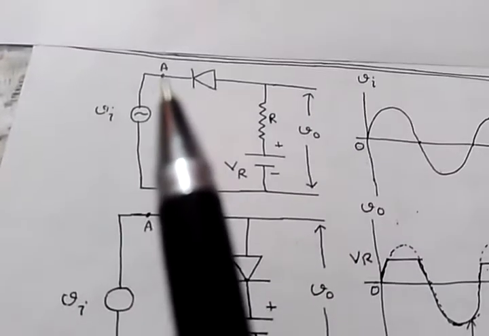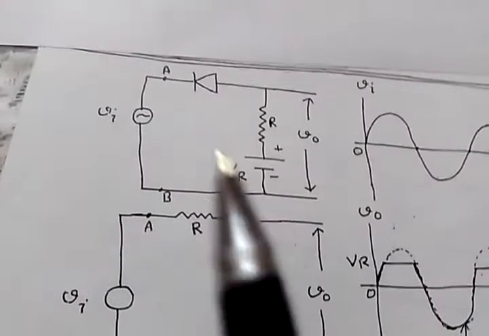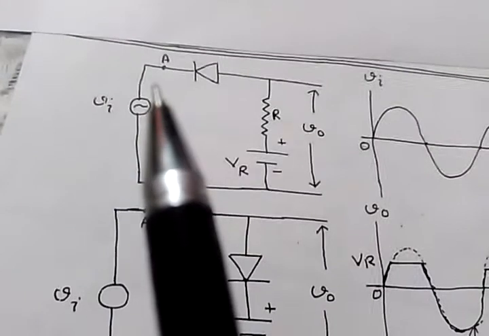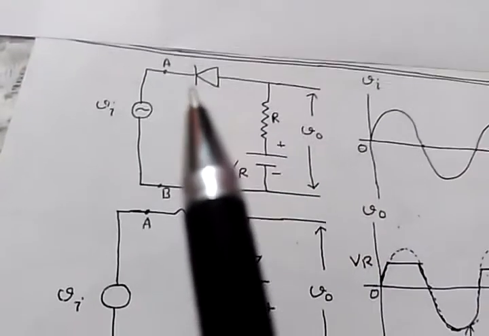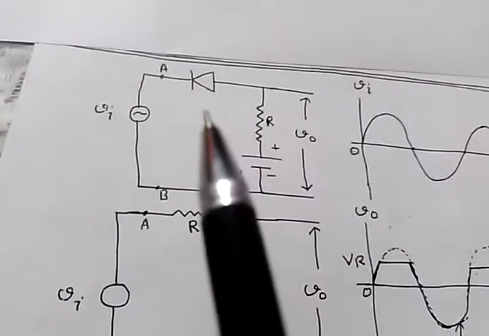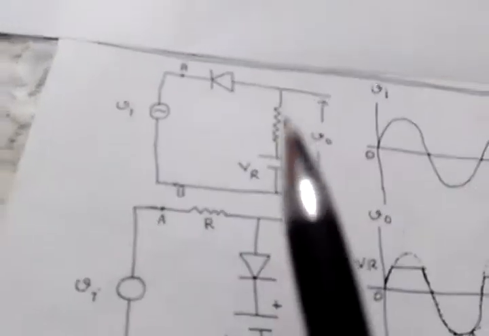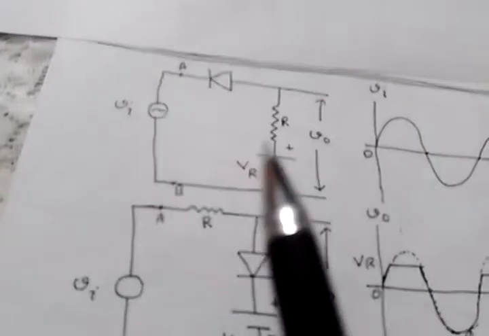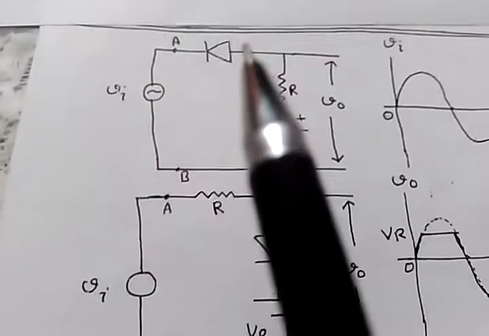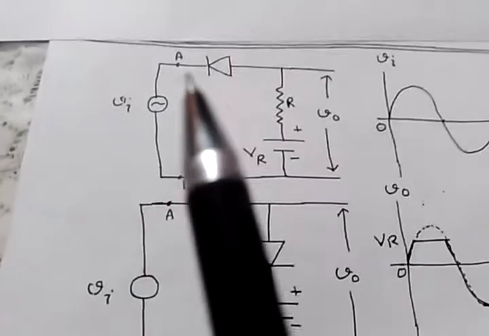When input signal Vi is less than VR, in that case the diode D1 will be in forward biased condition, because the P region of this diode, which is at the positive VR level, will be at higher voltage than the N region.